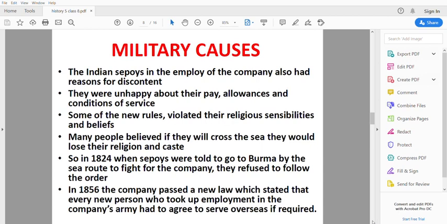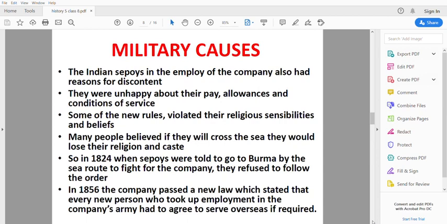Military causes. Next point: the Indian sepoys, the employees of the company, also had reasons for discontent. Discontent means they were angry against the British. The Indian sepoys means the soldiers who worked under the British, the Indian people.